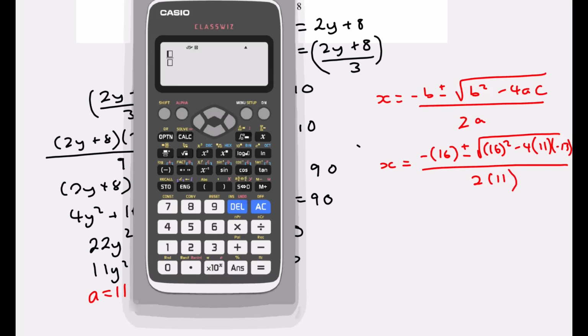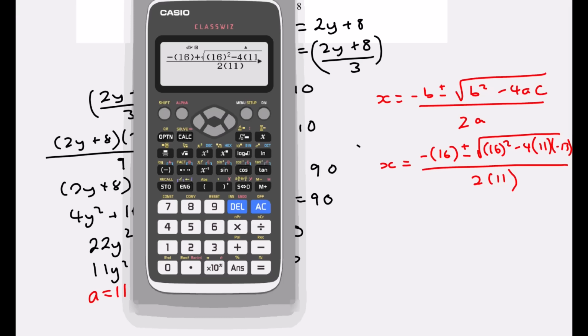So this is just going to get typed into the calculator. I'm pressing the fraction button first. I'm going to keep all the numbers in brackets. It's less likely you'll make a mistake with negatives and things if we are keeping the numbers in brackets. Minus 4 times 11 times negative 13 all over 2 times 11.